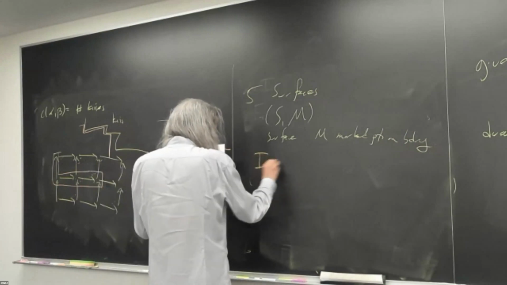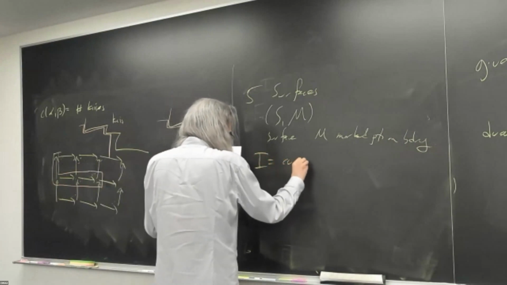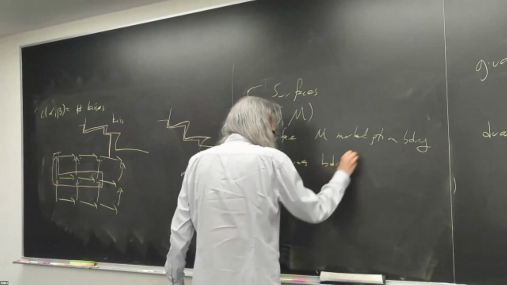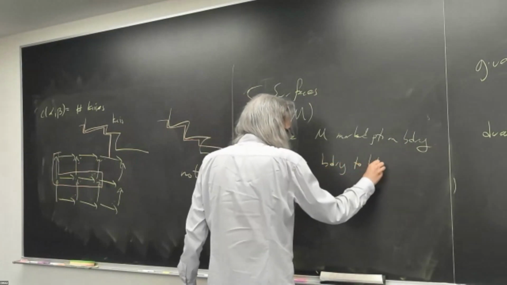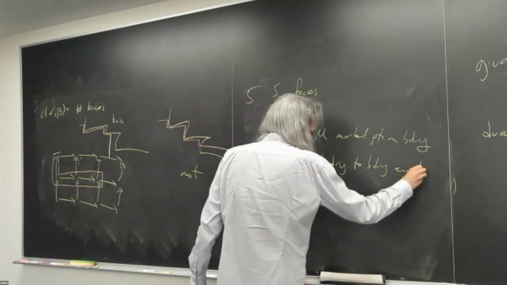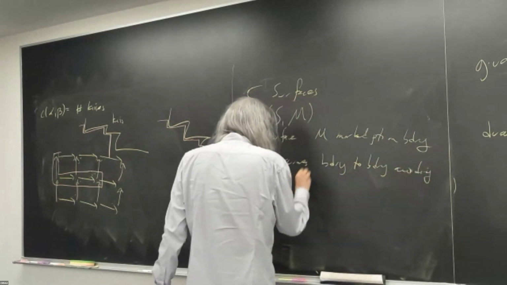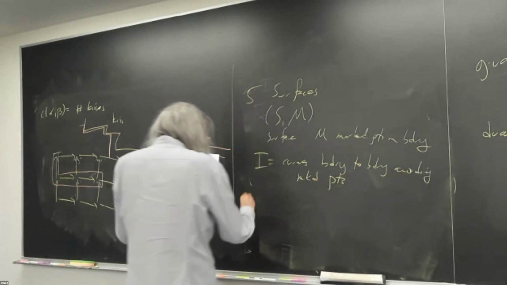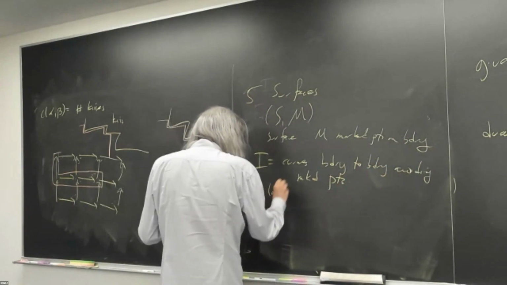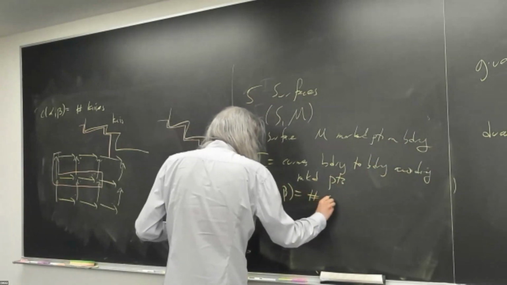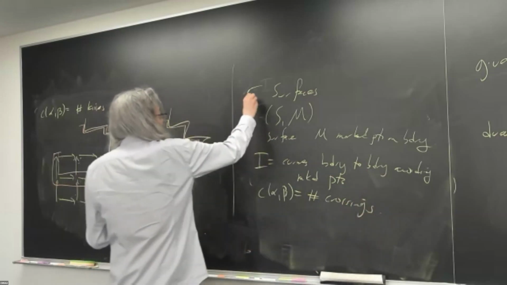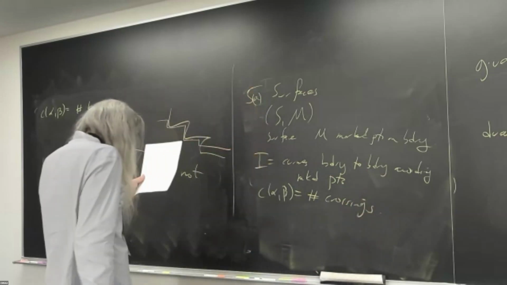My indexing set is going to be curves from boundary to boundary, avoiding points. My compatibility degree is going to be number of crossings. Actually, this is okay.